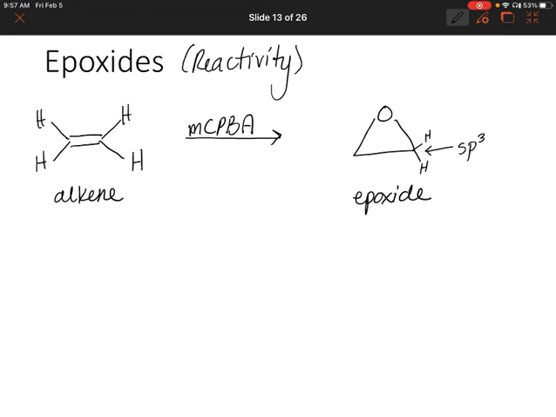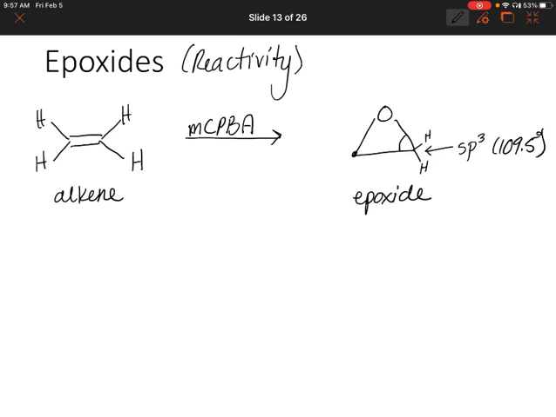And what are the bond angles between sp3 orbitals? 109.5. So that's the tetrahedral angle that we would expect. However, notice our carbon is bonded to another carbon and the oxygen up above in a triangle.